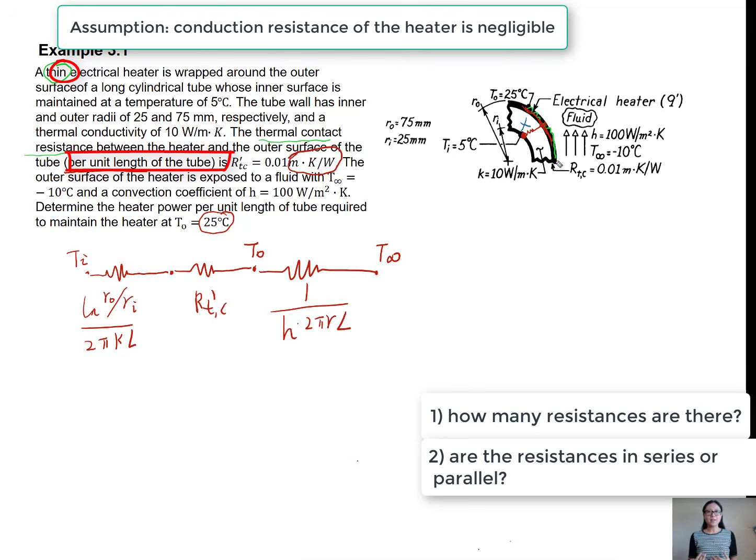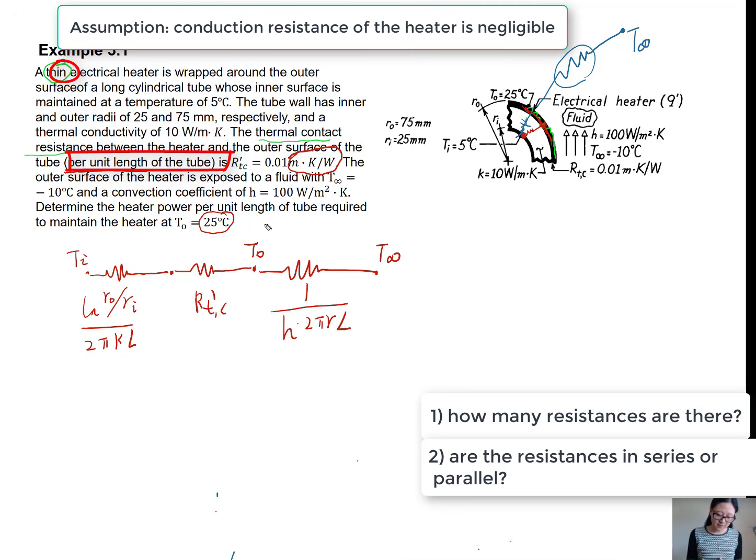We know some of the heat from the heater should move outside and reach T infinity, so this is the convection resistance. And the rest of the heat will move inside, going through this contact resistance and the conduction resistance. So we actually have resistances in parallel here.